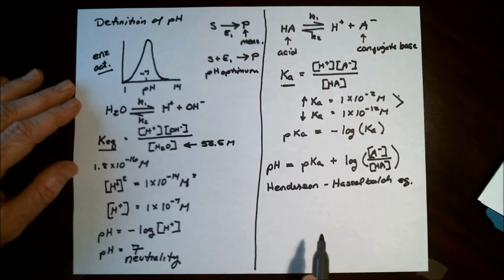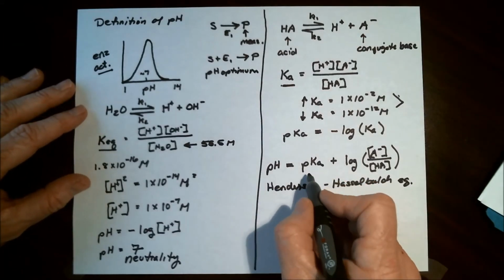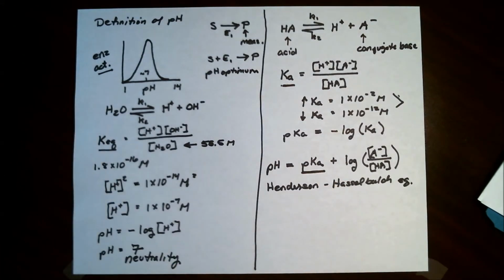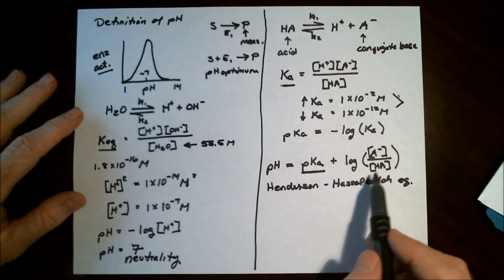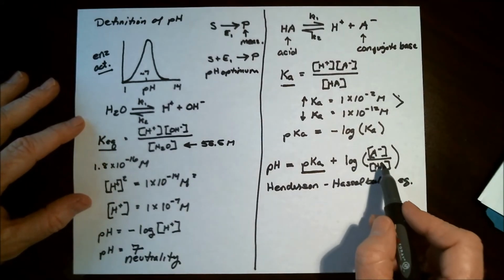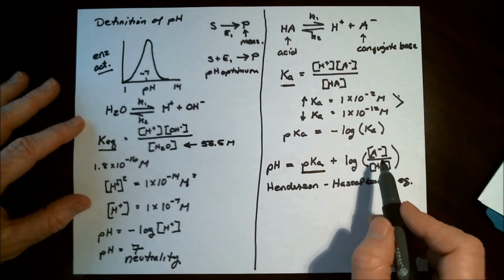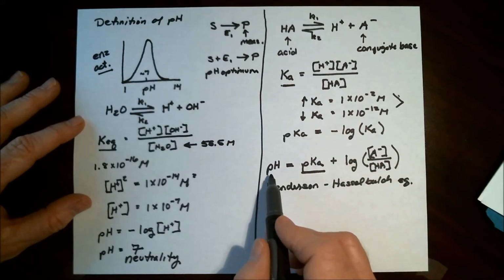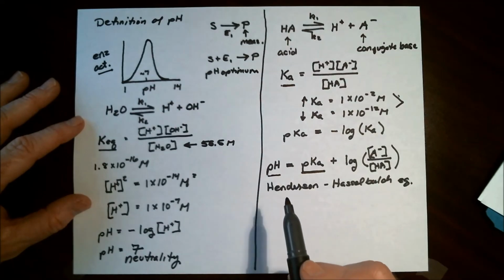So with this equation, essentially what we're doing is using the inherent pKa of the acid, the strength of the acid, and using the concentrations of acid and conjugate base within the solution we're measuring, we're able to use this information to determine the pH of the solution.